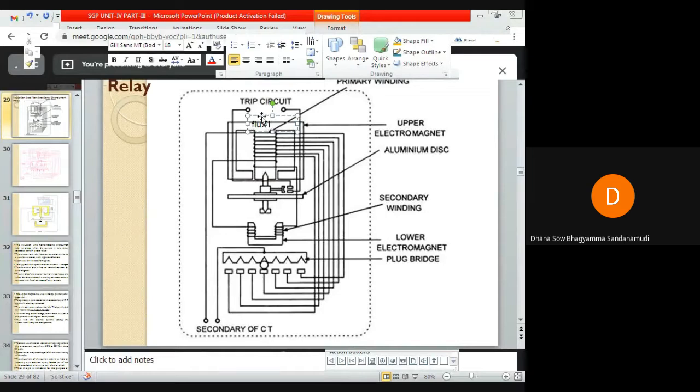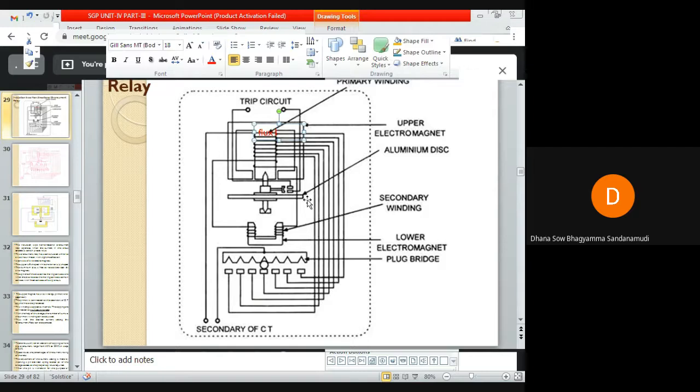Let us assume the flux phi1 is induced in the upper electromagnet due to the current flow in the primary winding. When this flux phi1 cuts the secondary winding, which has a closed path here, EMF is induced in the secondary winding.